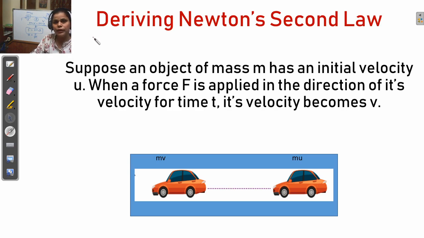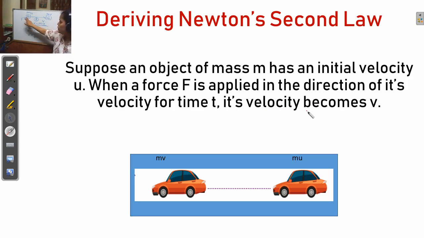Next, we have to derive Newton's second law, that means we have to derive F equals ma. So first write your assumption. Assumption means: an object having mass m has an initial velocity u, and when a force F is applied in the direction of its velocity for time t, its velocity becomes v.